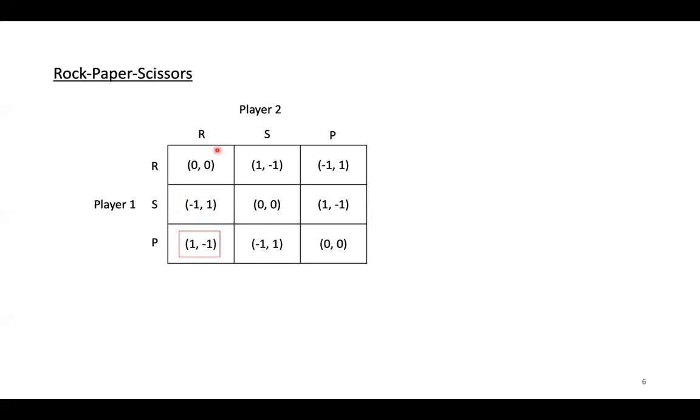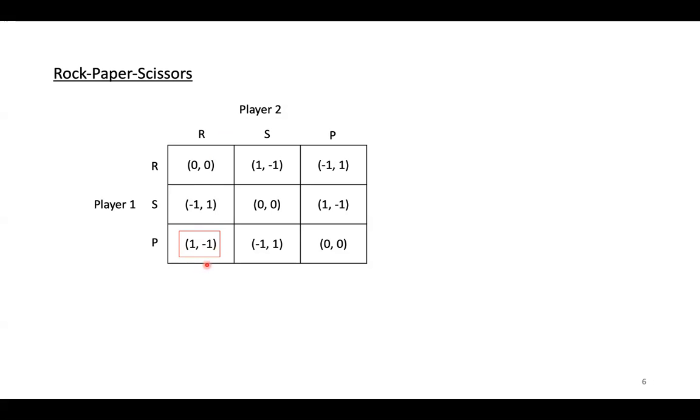What about player 1 chooses paper and player 2 chooses rock? If player 2 is choosing rock, then player 1 can only choose paper because that is the best he can do.